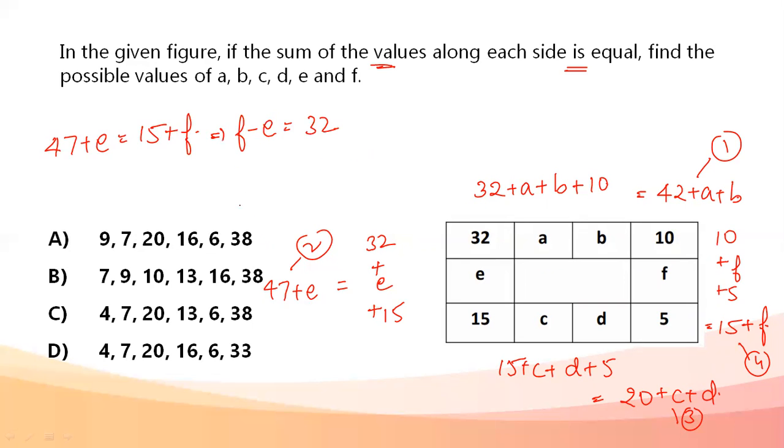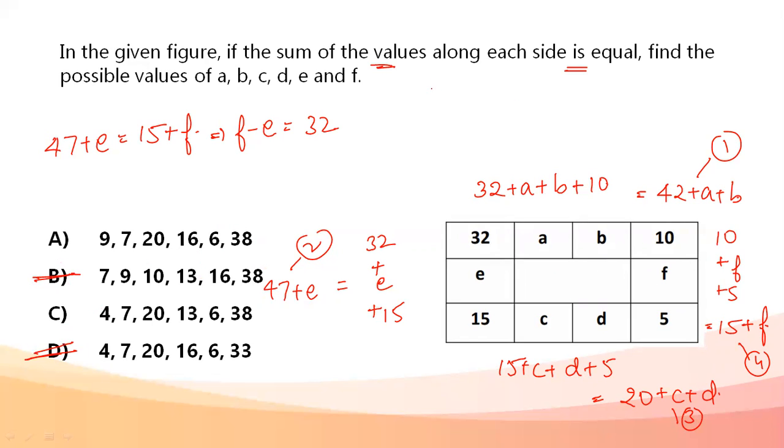With respect to options, we can check E and F respective values are given. So B cannot be my answer. D cannot be my answer. My answer can be either A or C, because here only 38 minus 6 is going to give me 32. Options I have narrowed down. It can be either A or C.